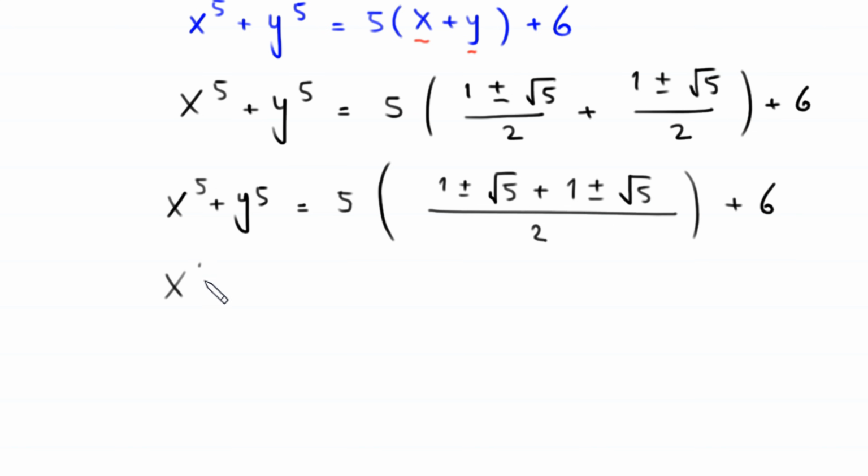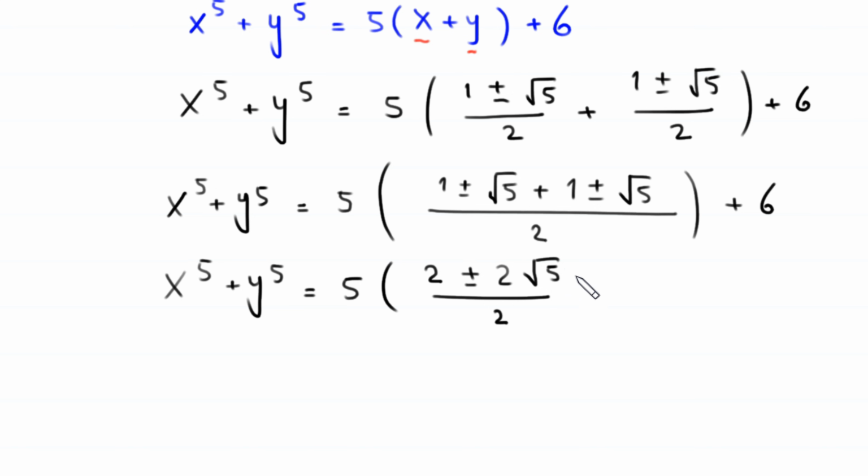Next, x to the power 5 plus y to the power 5 is equal to 5 times, this 1 plus 1 will become 2, plus minus root 5 will become 2 times root 5, divided by 2, plus 6.